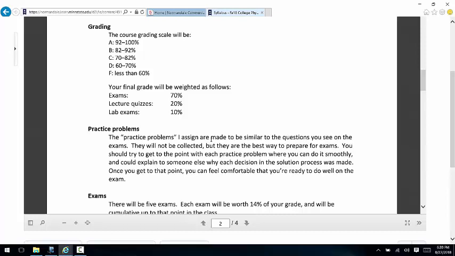But the exams are going to be questions, everything on every exam is going to be very similar to the practice problems that I assign. And so you're going to want to do those problems when I assign them. And you're not going to want to, I've had this happen before. I think, okay, so a lot of the people that take this class are in biological sciences or chemistry or something.